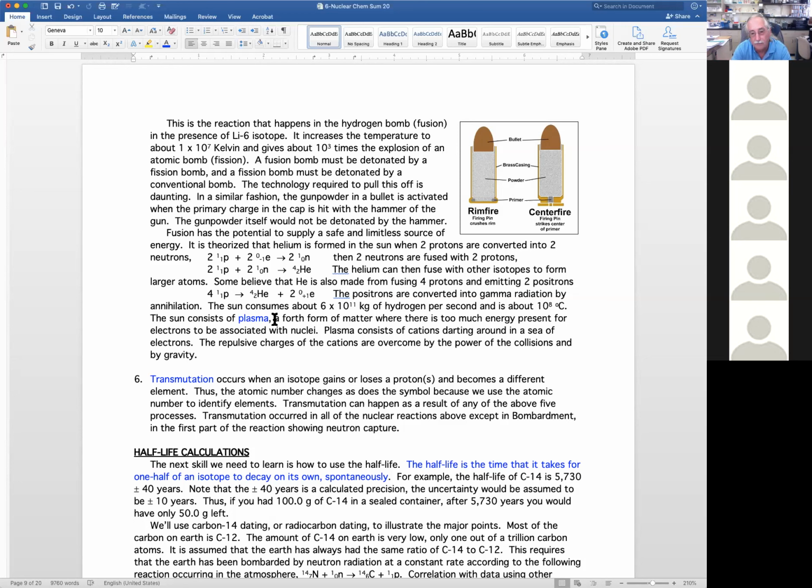If you get a high enough temperature, then the electrons get so much energy that they're not even associated with the nuclei anymore. So you don't really have atoms. You have these electrons flying everywhere, and you have these cations flying everywhere. And that's what's in the sun.